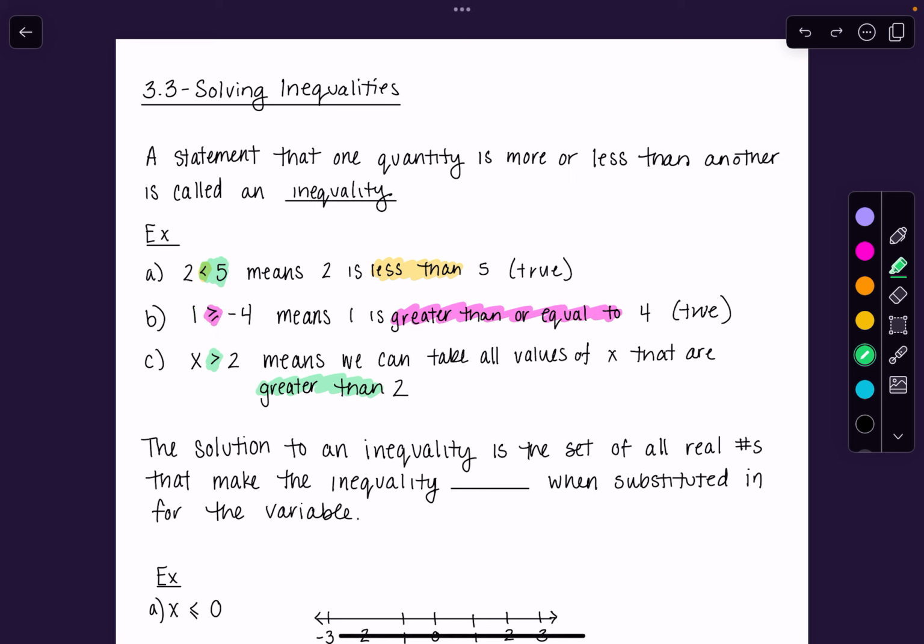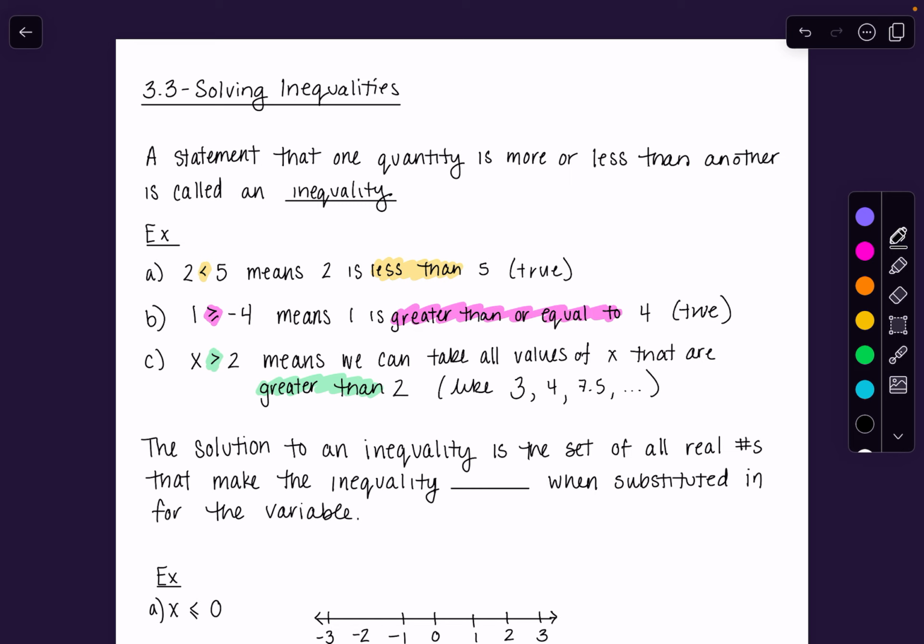Okay. So in this last example, if I think about some values that solve this, 3 is definitely greater than 2. 4 is greater than 2. 7.5 is greater than 2. And in reality, you have a ton of options because 1,000,000 is greater than 2, 1,000,000.1, 1,000,000.2.